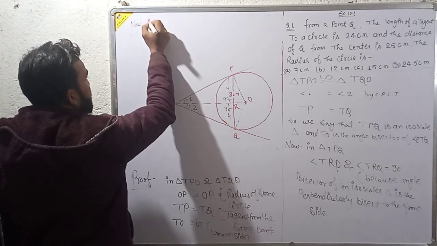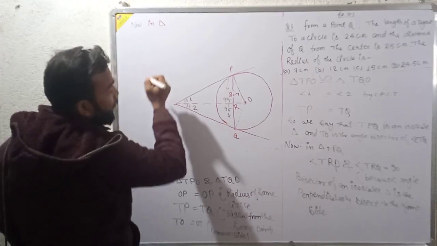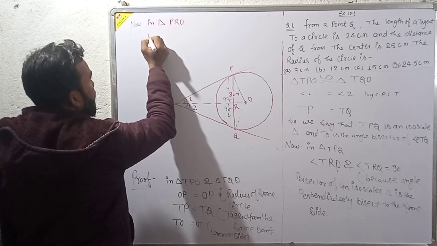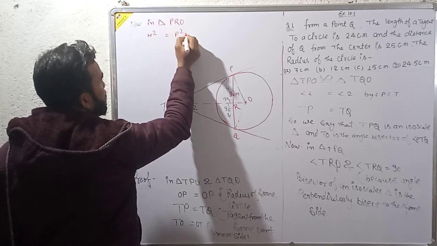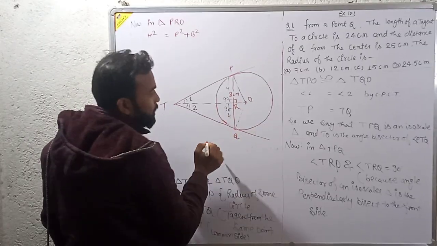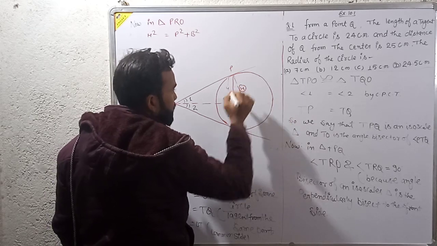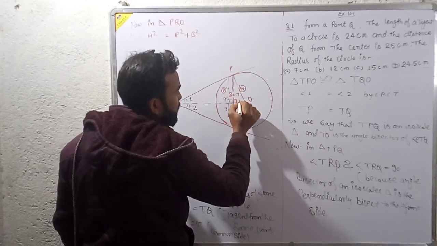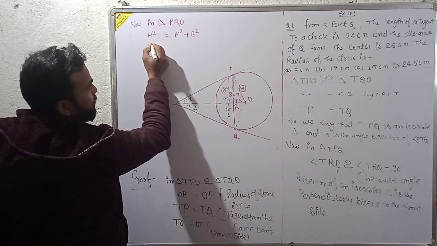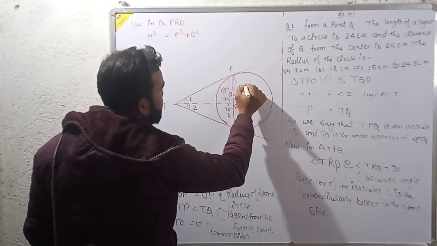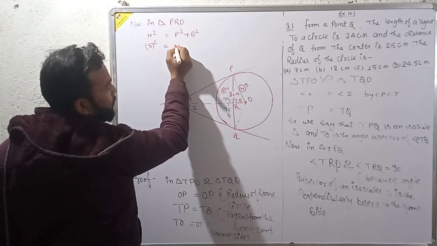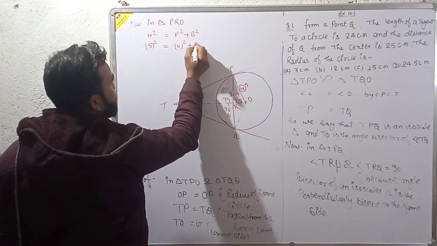Now in a right angle triangle PRO, hypotenuse square is equal to perpendicular square plus base square. Here is 90 degrees. This will be hypotenuse, and this is the perpendicular, and this is the base. So hypotenuse square, this is equal to 5, so 5 square is equal to perpendicular 4 square plus base square.